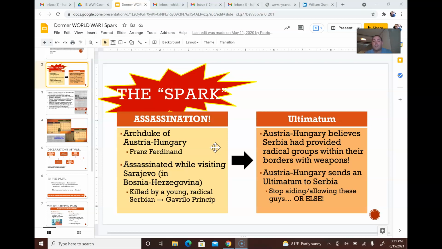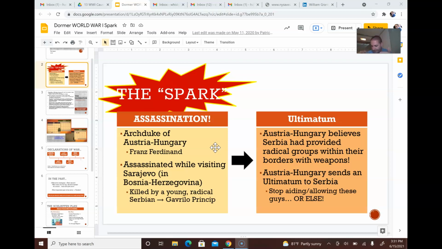He is on a diplomatic trip to a portion of the empire in Sarajevo, which is in Bosnia-Herzegovina. And he is killed by a young radical Serbian who is part of a nationalist organization known as the Black Hand. And his assassination kicks off all of these other things, right?